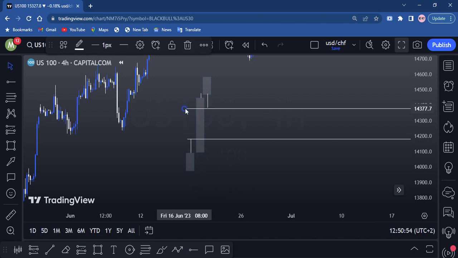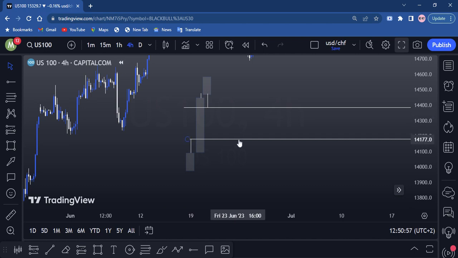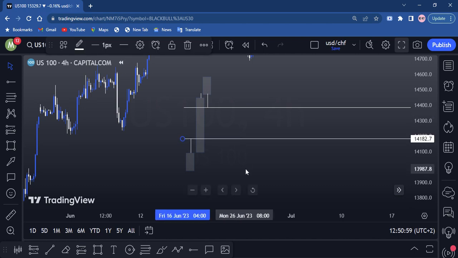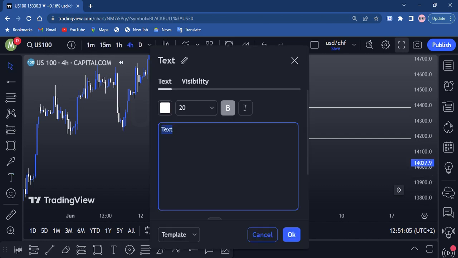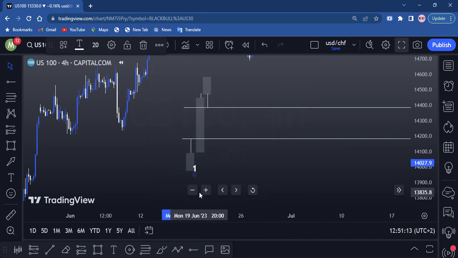Let me name these candles. So we have three candles. Imbalances happen between three candles. For understanding's sake, we'll name this candle candle one. So this is candle one.